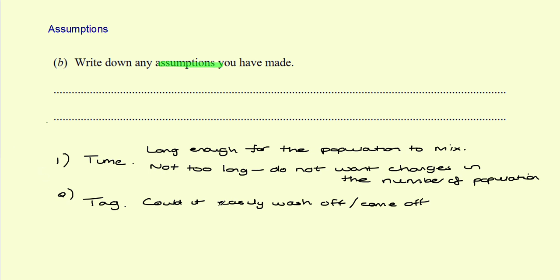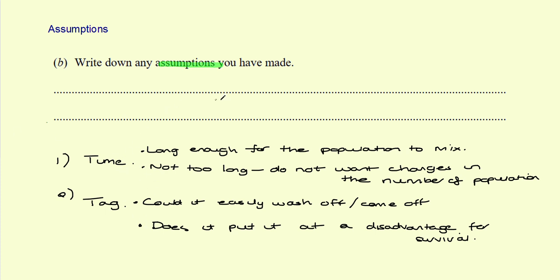Because there's going to be less of them with the tag. So could it easily wash off or come off? That's the first thing to consider. And the second thing is, does it put it at a disadvantage or an advantage for survival or population change? Okay, so those are a couple of things really to consider.